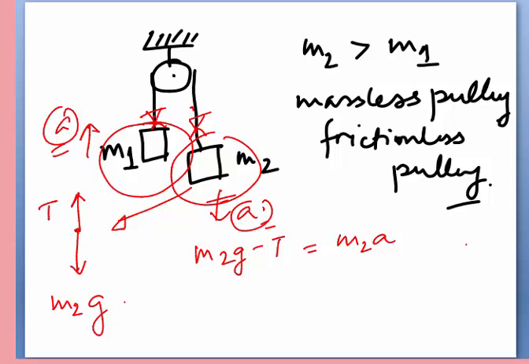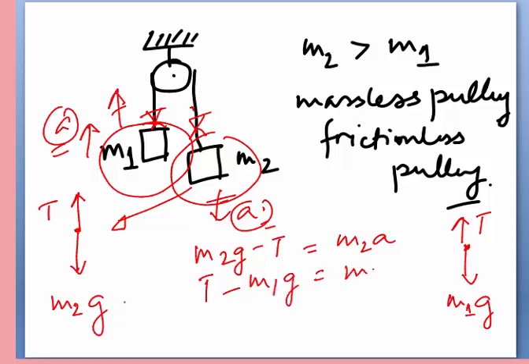The force downwards is M1G and the tension upwards is T, and since it is moving upward, my equation becomes T minus M1G equal to M1A.